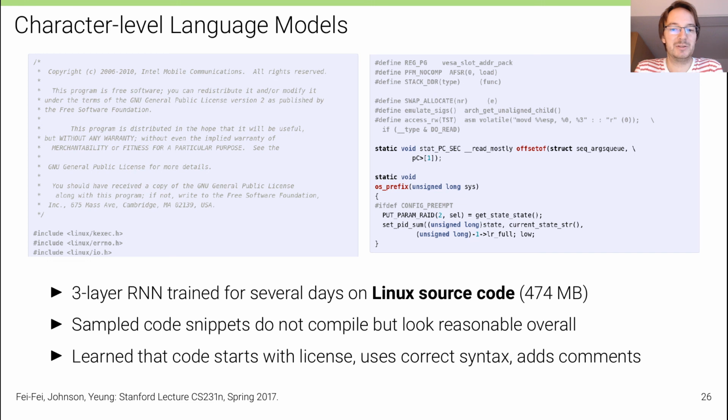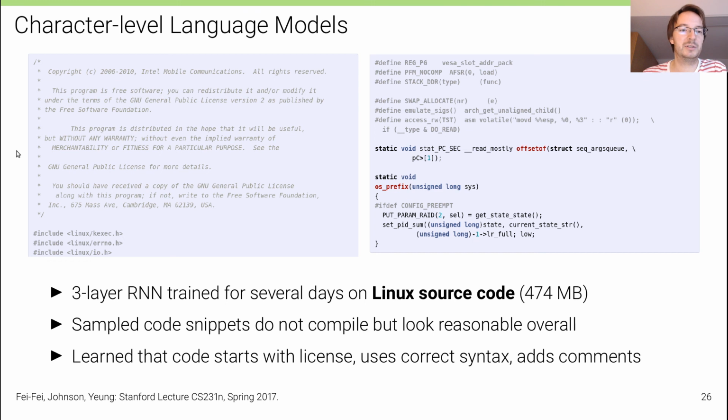The model can also be trained on source code. In this case, it was trained on the Linux source code, which is 470 megabytes. What I show here is a sampled code snippet from that generative model that was trained on the Linux source code. You can see that while these code snippets typically don't compile, they look reasonable overall.